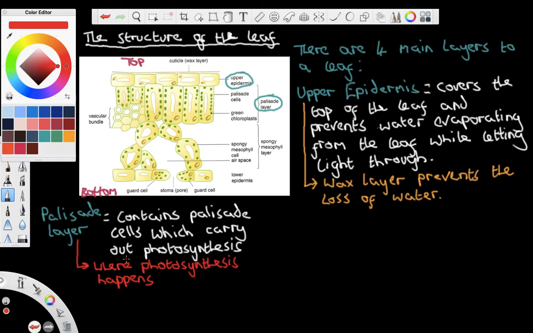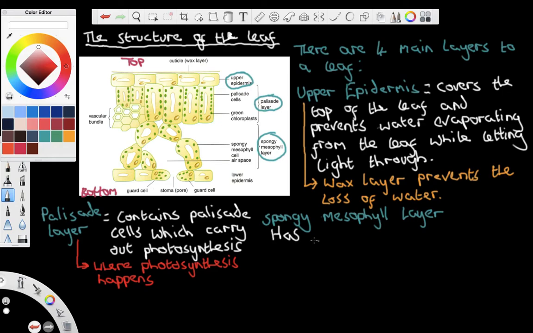Our third layer that we need to talk about is what's known as the spongy mesophyll layer, and it involves the spongy mesophyll cells and air spaces. So our spongy mesophyll layer, and we can say that the spongy mesophyll layer has air spaces that allow gases to get to and from the palisade layer.